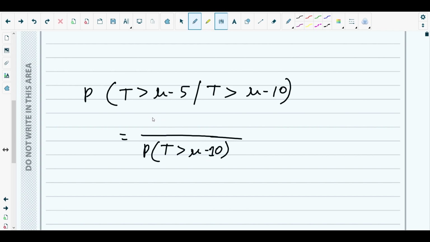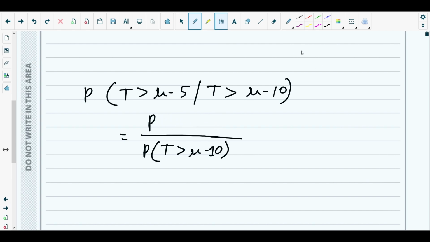It would be the part that falls within the condition. That means t greater than mu minus 10, or they said greater than mu minus 5, so it would be just what?